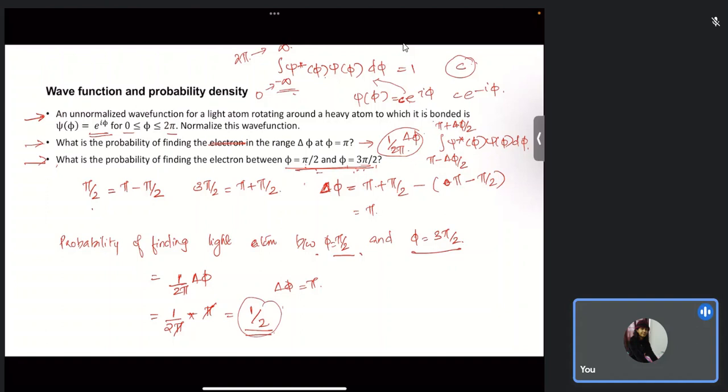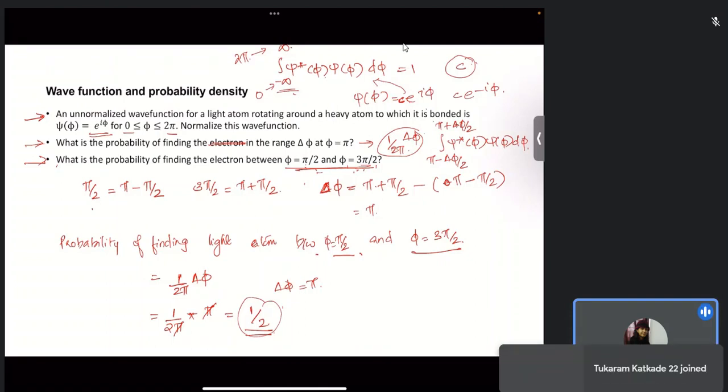Now the next thing that we came across while discussing the postulates of quantum mechanics was about the commutators. We first came across the operators, and we came across that operators can commute.